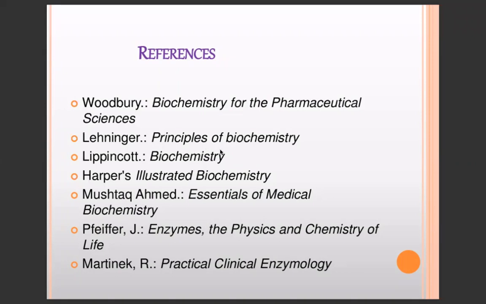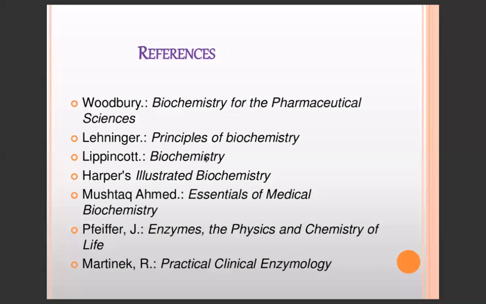Apoenzyme, Sarah Rahman asks about apoenzyme and holoenzyme. Apoenzyme is the enzyme portion without its cofactor, and holoenzyme is an enzyme with its cofactor. Enzyme plus cofactor is holoenzyme. Enzyme without its cofactor is apoenzyme. Shima Gul, prostate carcinoma.